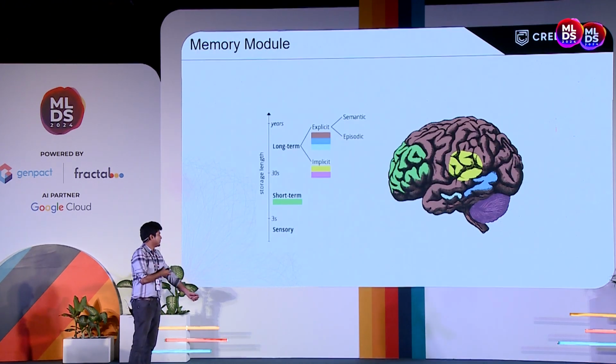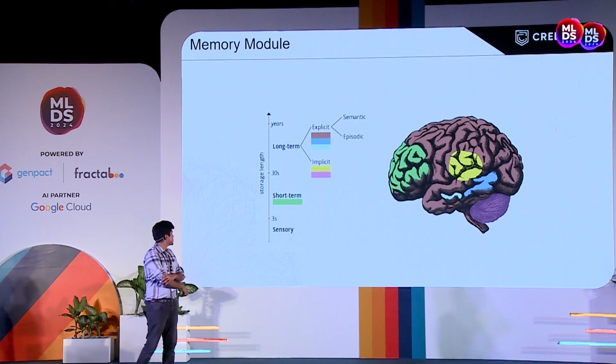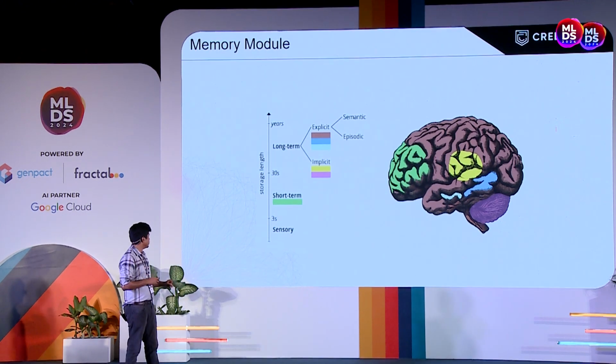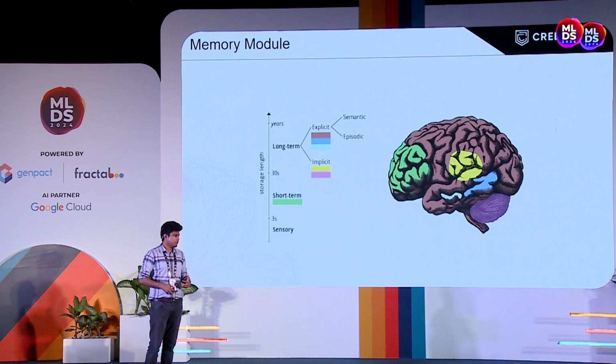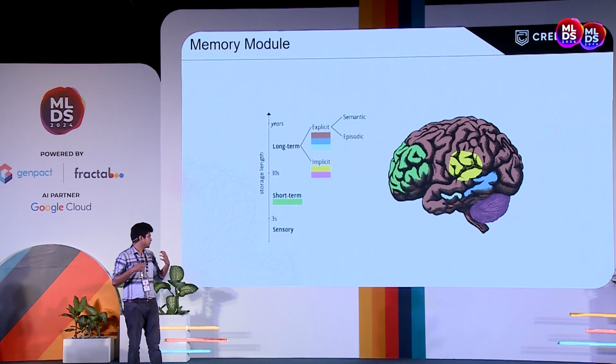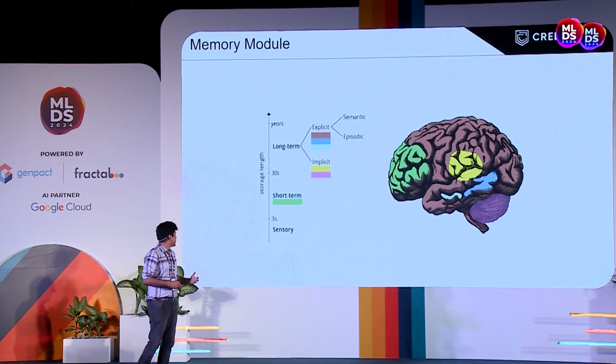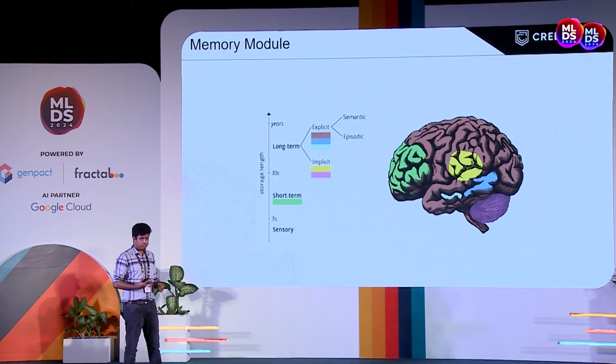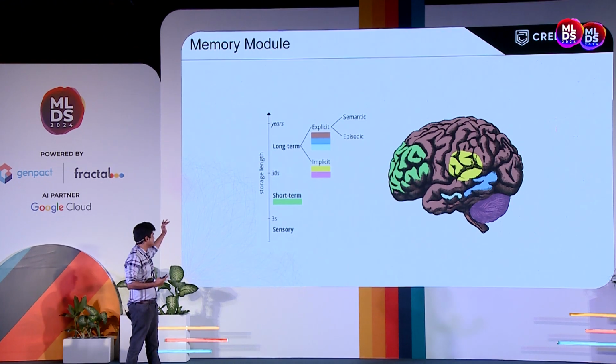Now coming to memory, this is the third important module. Agent memory is very similar to how human memory is modeled. It's broken down into 3 parts. First is sensory, second is short term, and then there is long term.